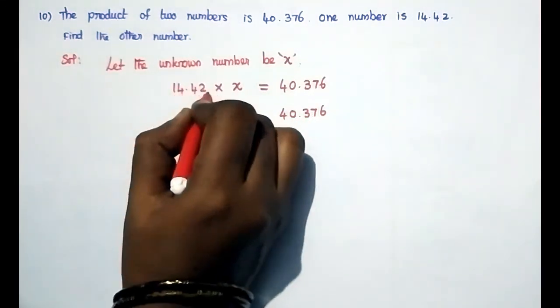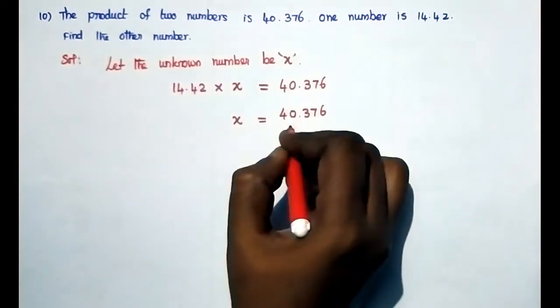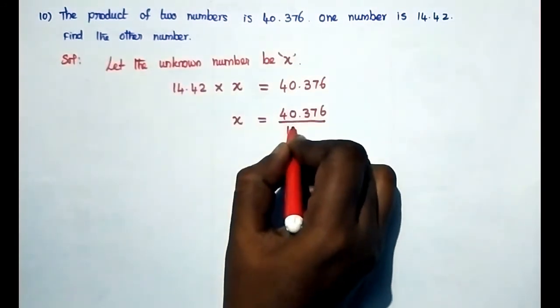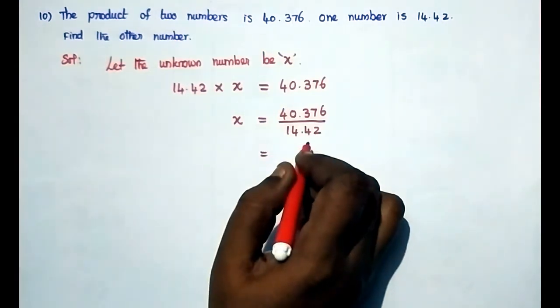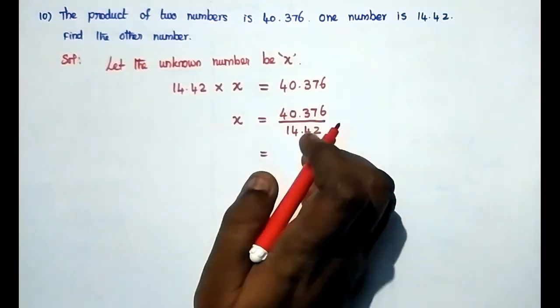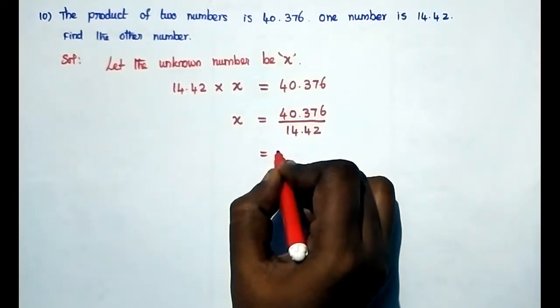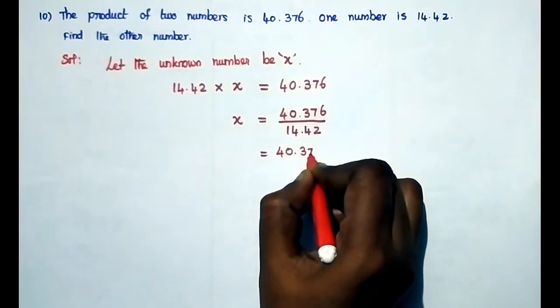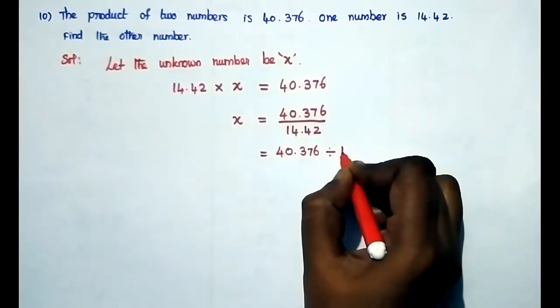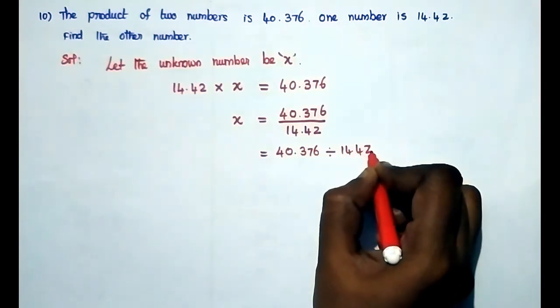So x equal to 40.376. Here 14.42 is in multiplication. Bring this side means division. This fraction write down like this: 40.376 divided by 14.42.